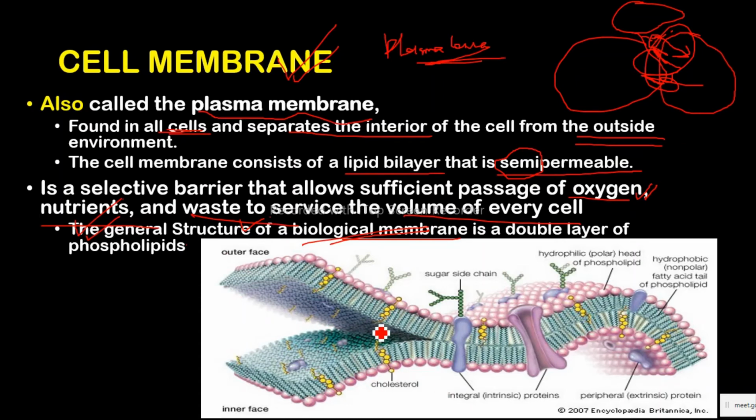So basically that is a cell membrane. If I draw a cell like this, and I say this is the nucleus, and this is the cytoplasm, and this is the cell membrane. If I magnify this cell membrane, then this is what I get. So welcome to cell biology.